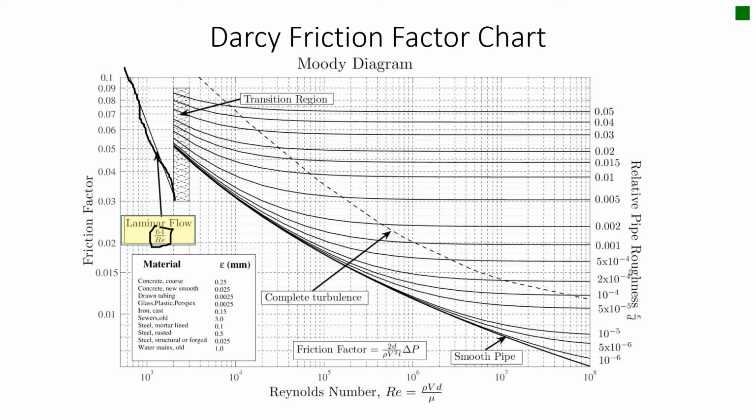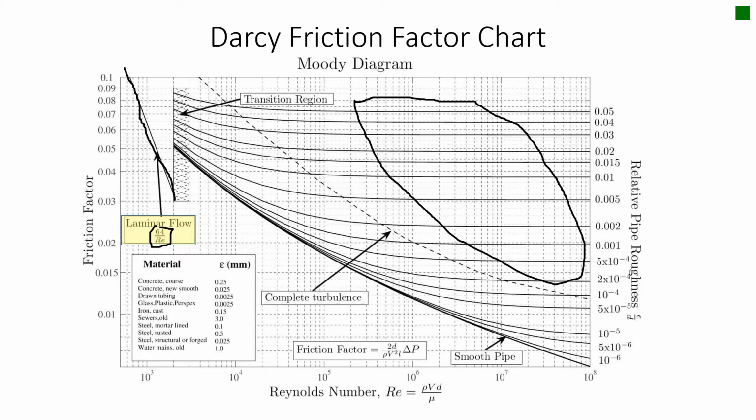Now, for most cases in industry, we often are dealing in the turbulent flow regions, and so we would expect to see friction factors in this region here. To calculate the friction factor, we also need to know what the relative pipe roughness would be.